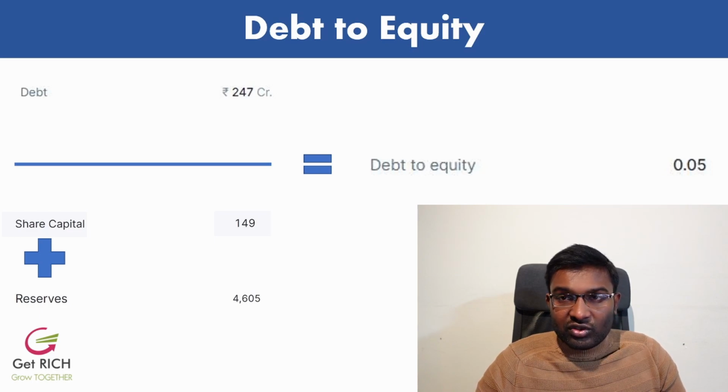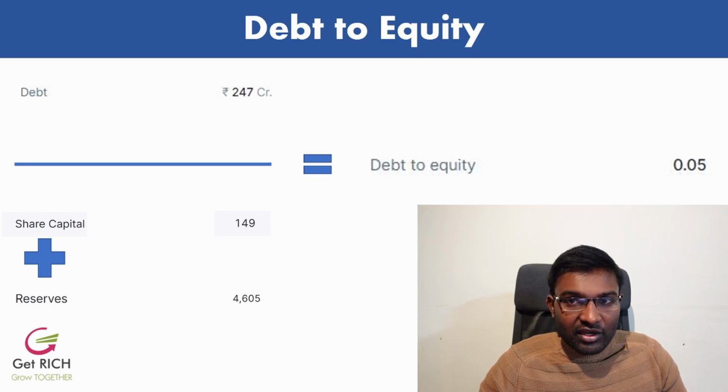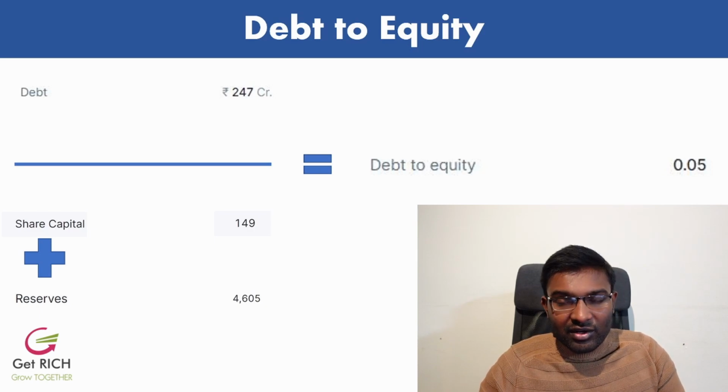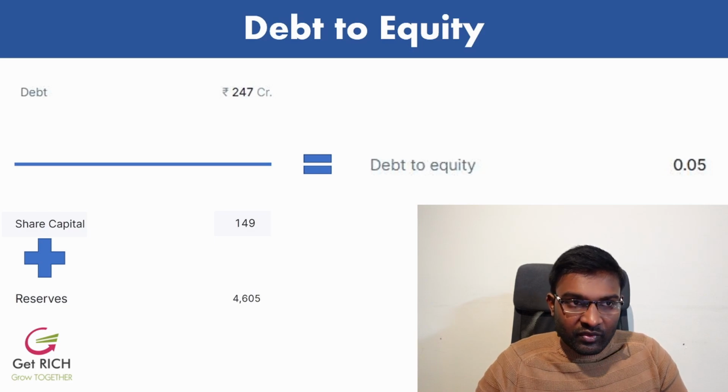In that case that's okay for that particular business. So you have to compare which business the company is operating in, and then look at the debt to equity ratio. For mostly non-lending businesses, a debt to equity ratio less than 0.5 is a very good one. So that's the second important ratio.